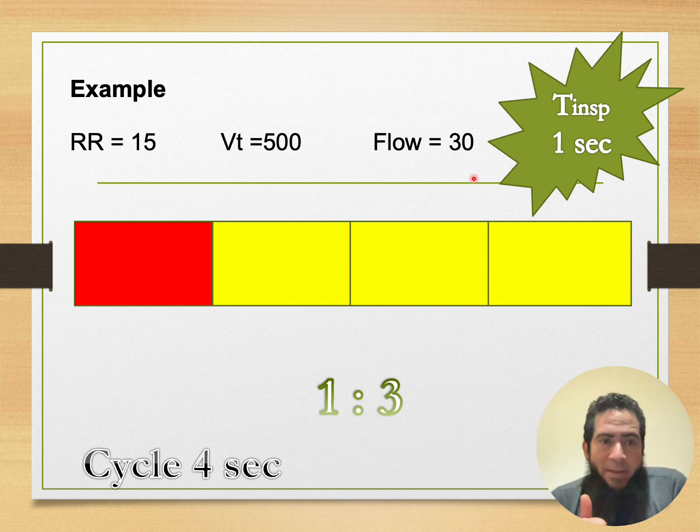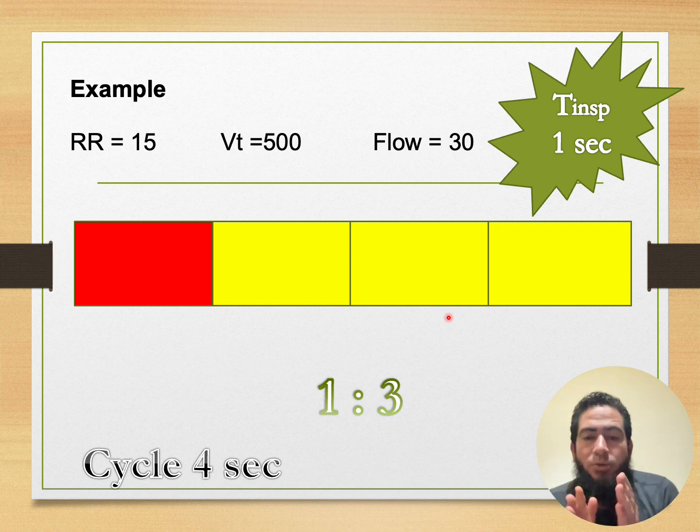So now we understand the relation between the respiratory rate, the tidal volume, the flow velocity, the IE ratio, and the breathing cycle, okay? Only one factor hasn't been added to this discussion, which is the post-inspiratory hold, which is the plateau.